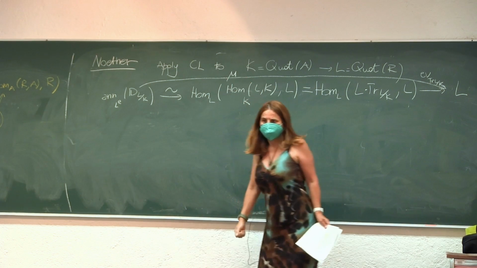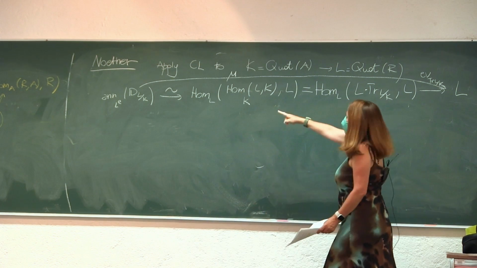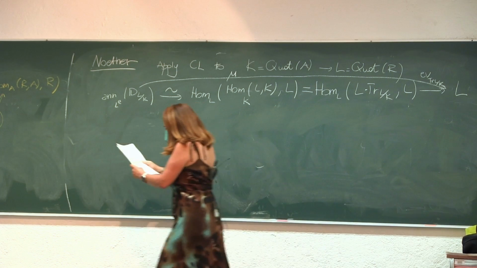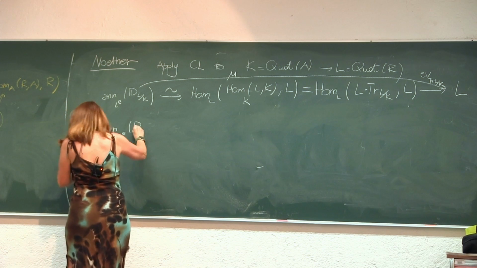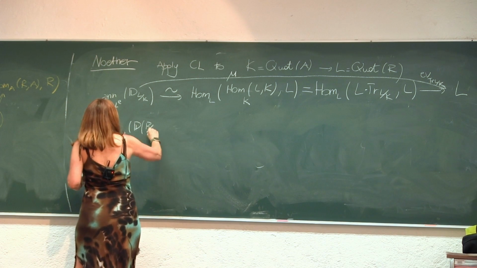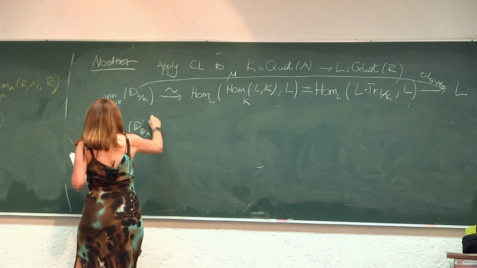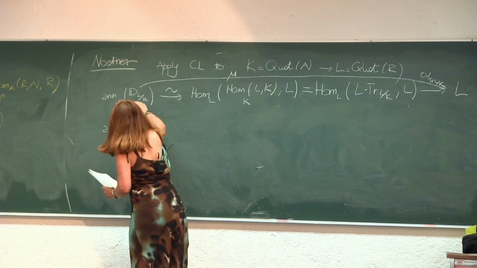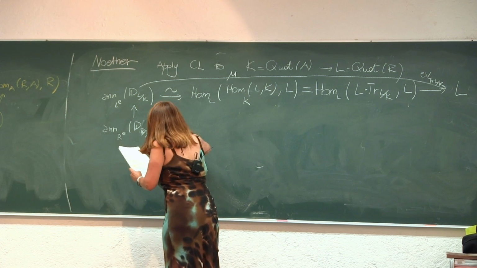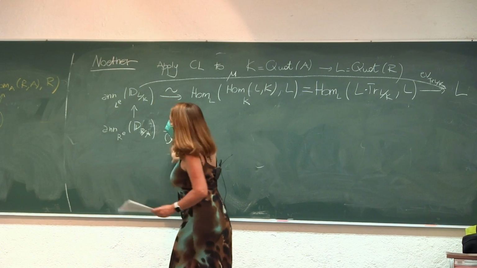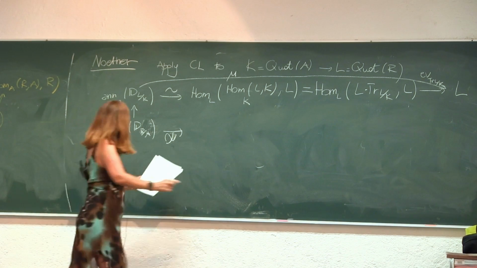And you consider the composition map, that goes from here all the way here, and call it mu. It goes from the annihilator back to L, just composing. Under here, I have the annihilator now in R of D of R over A. Usually I just call it E, but it's a different D, so I have to put it like this.